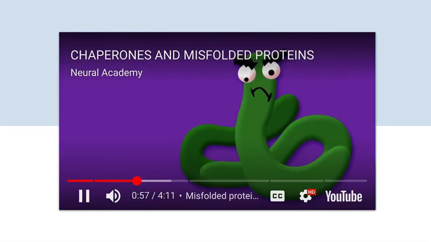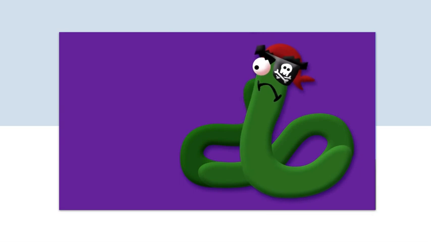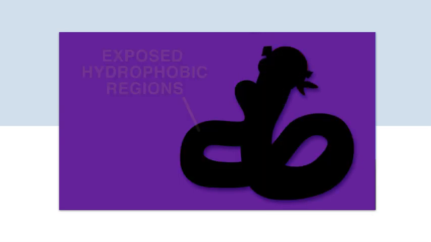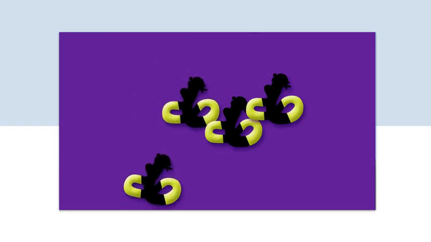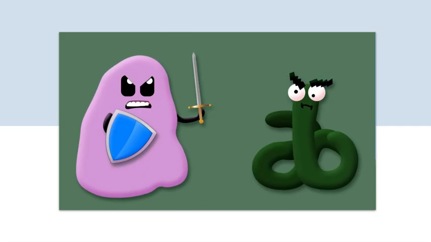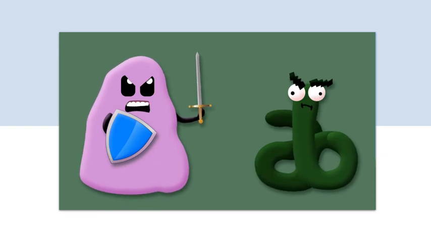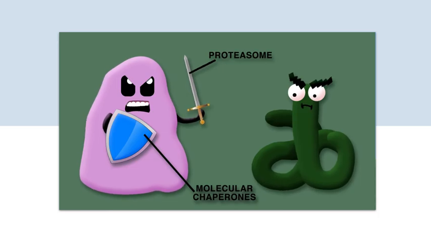Misfolded or aberrant proteins are not only a waste of energy for the cell, but they are also dangerous. These aberrant proteins typically have exposed hydrophobic regions, which cause them to clump together into aggregates, which can accumulate and cause severe diseases. The cell has two lines of defense against the formation of these dangerous misfolded proteins: molecular chaperones and the proteasome.